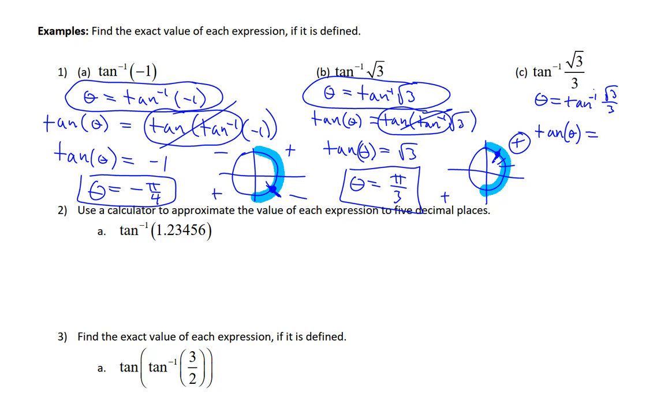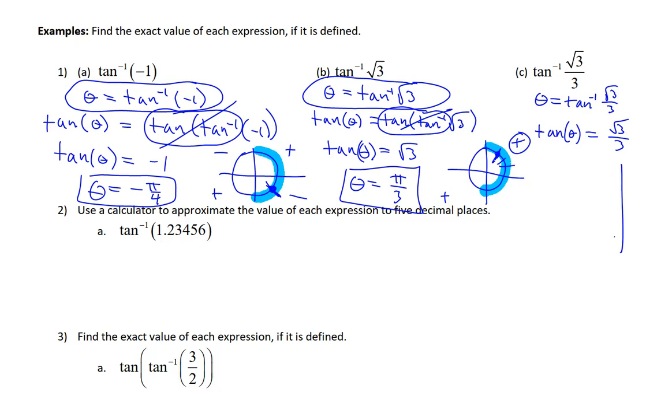Tangent of the right side, of course, tangent and tangent inverse would cancel. You'll notice that's happening in each case prior. The tangent of tangent inverse cancellation property, those are gone, which means we really have now the tangent of theta on the left equals just square root of 3 over 3 on the right. That's all that would be left there after those cancel.